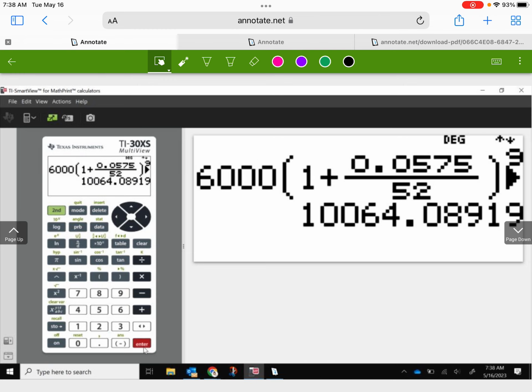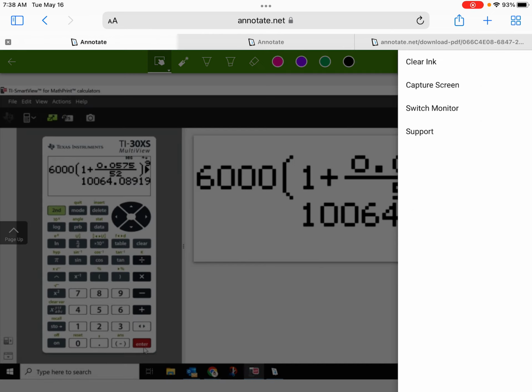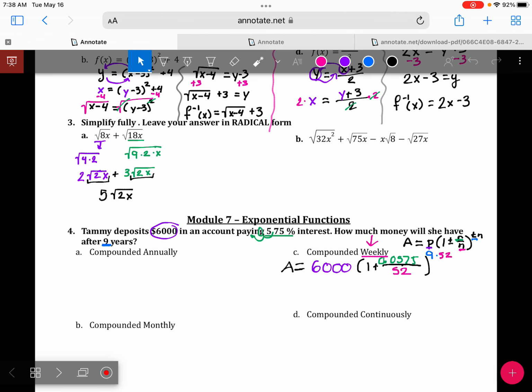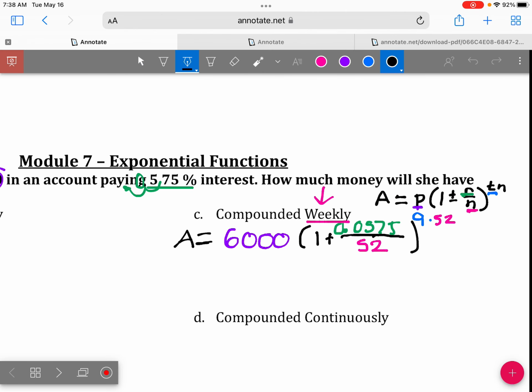So she has $10,064.09. All money gets rounded at 2 decimal places.